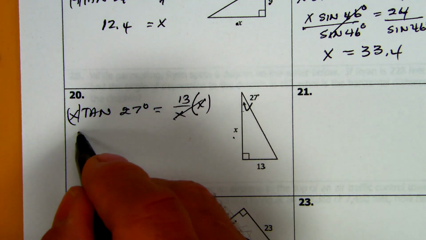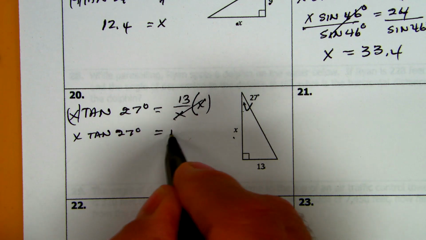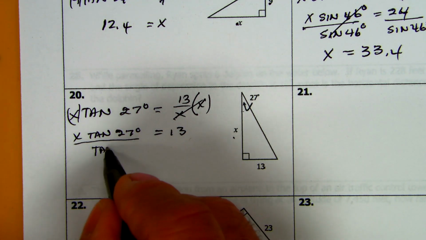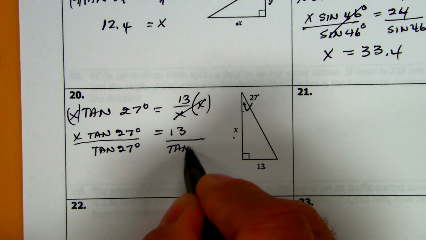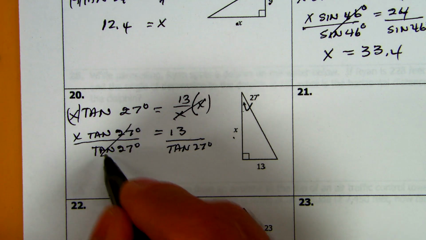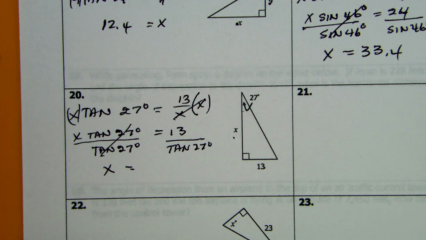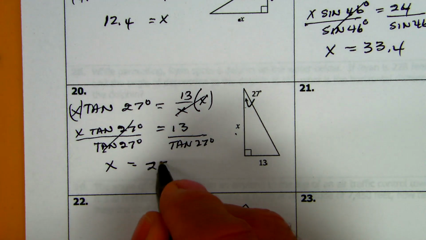Okay, so now we have x tangent 27 degrees is equal to 13. Now we're going to divide both sides by the tangent of 27 degrees. That cancels that out, so x is equal to, I put in my calculator, 13 divided by, hit the tangent button, 27 degrees. And that's going to give me 25.5.